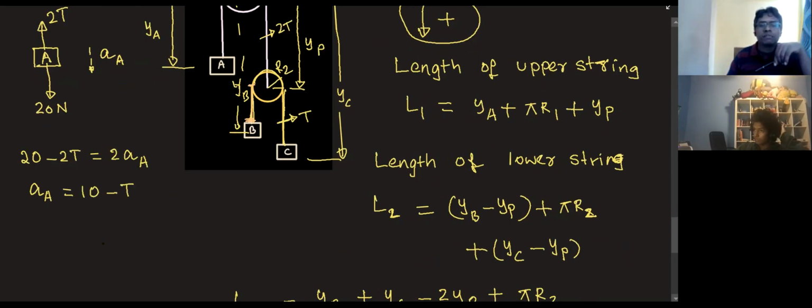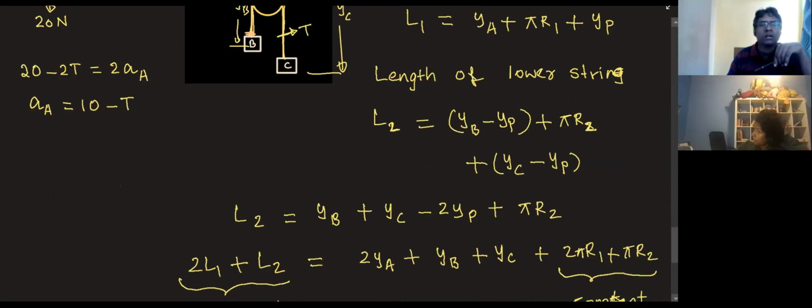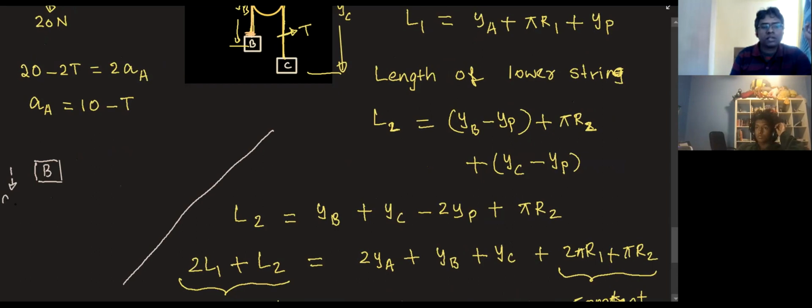Now similarly, if I take a look at the free body diagram of B, even B is assumed to go down with acceleration AB. So what forces are acting on this? B has a mass of 3 kg, so 30 newtons is acting downwards, and then tension T upwards.